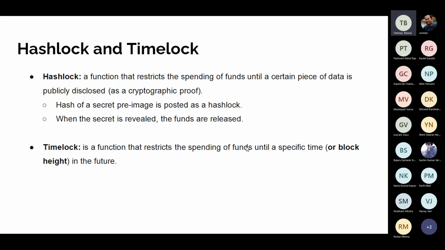The hash lock is interesting. If you remember, spending funds was all about Alice making the payment. Alice would encrypt her transaction so that it will be paid to the hash of the public key of, say, Bob, and then it will be signed with Alice's key.